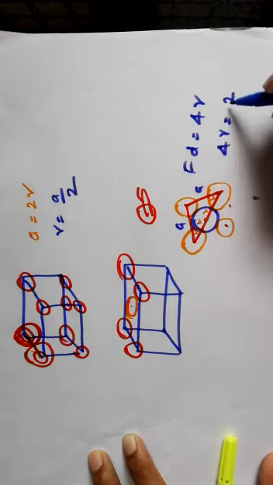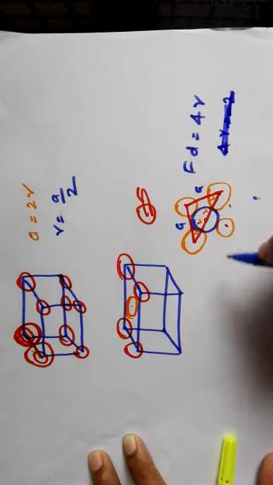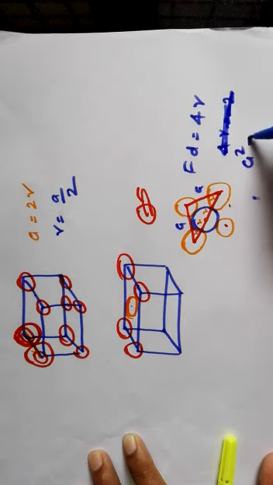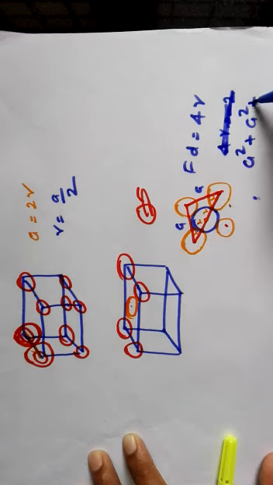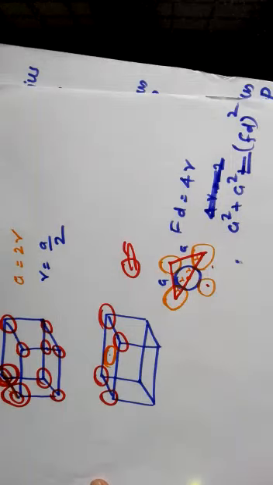Now you can apply the hypotenuse theorem: a square plus a square is equal to the hypotenuse square, which is 4r squared, that is, the face diagonal square.